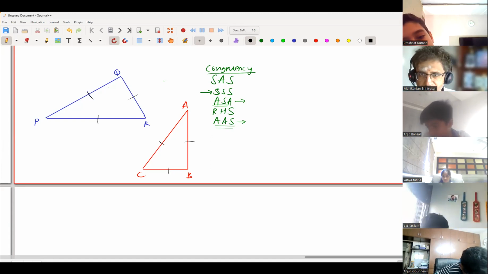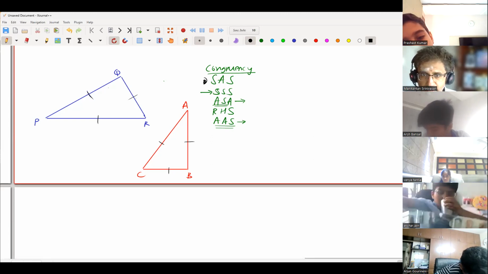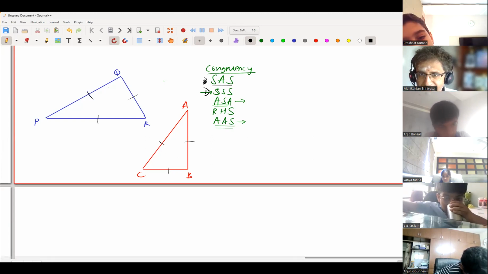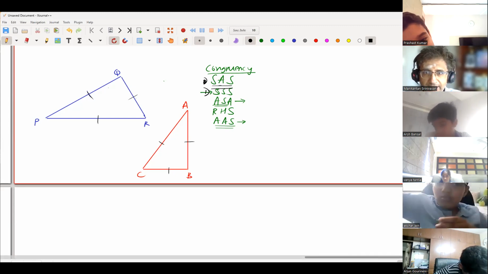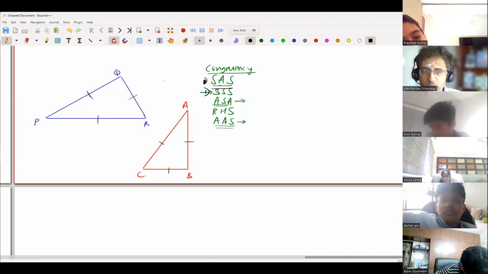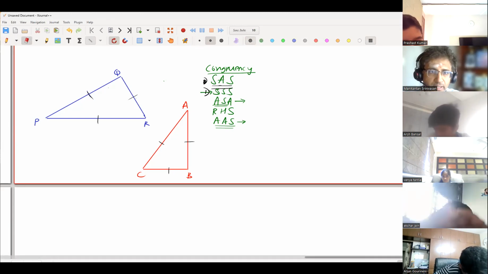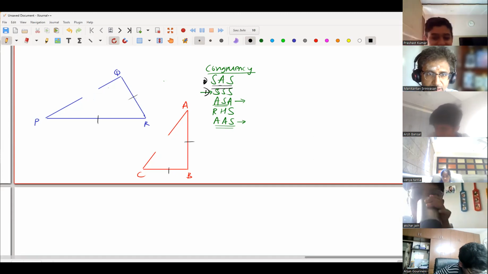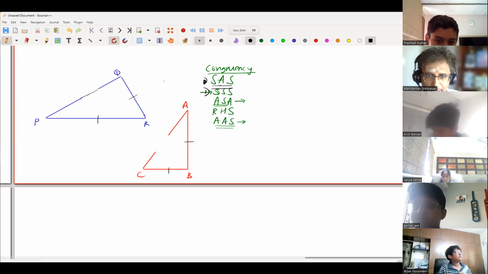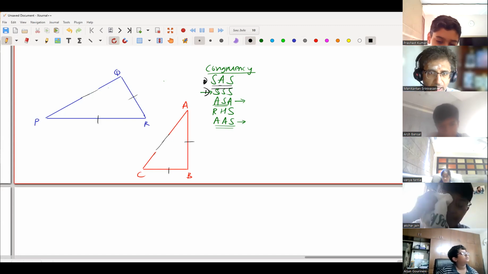That's the first way, SSS. Now, if you look at SAS, the reason the A is put between the two sides is that the angle is sandwiched between the two sides. Let's say nothing is mentioned about PQ being equal to AB.